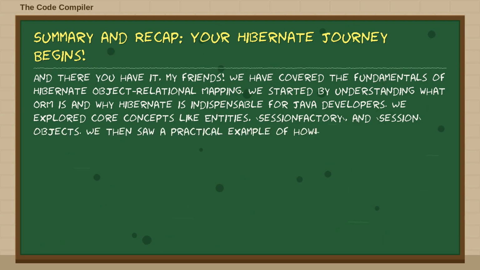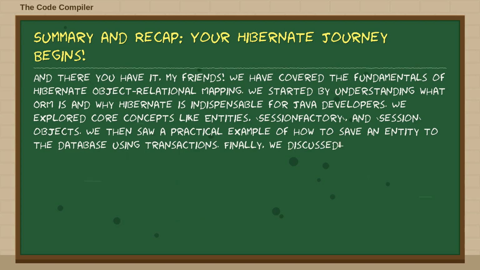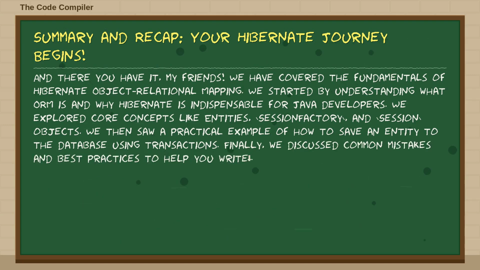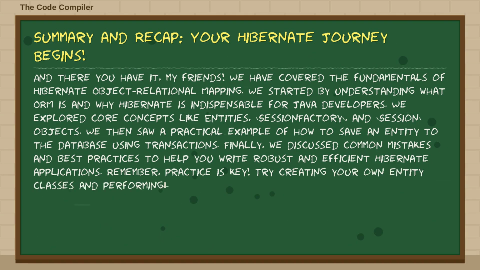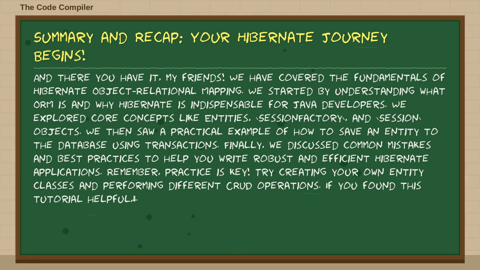We then saw a practical example of how to save an entity to the database using transactions. Finally, we discussed common mistakes and best practices to help you write robust and efficient Hibernate applications. Remember, practice is key. Try creating your own entity classes and performing different CRUD operations.